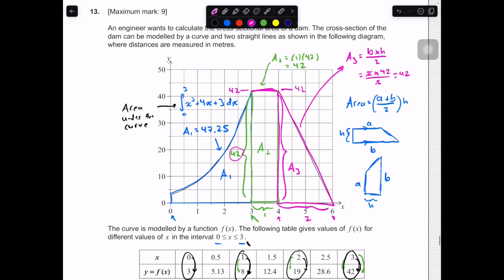Okay, so here we go. The total area, let's write it out here, is going to be given by A1 plus A2 plus A3. I'm not going to use the colors here.